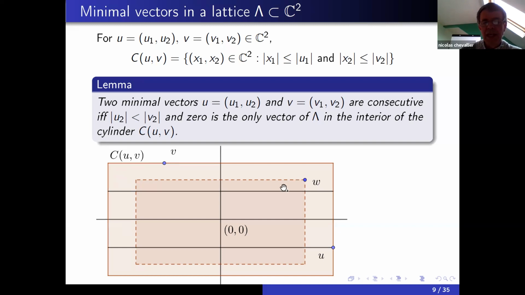And conversely, if you have one vector w in this interior, then the cylinder defined by this vector w must contain a minimal vector, and this minimal vector will contradict the fact that u and v are consecutive. So it is an easy lemma. We will use it many times.